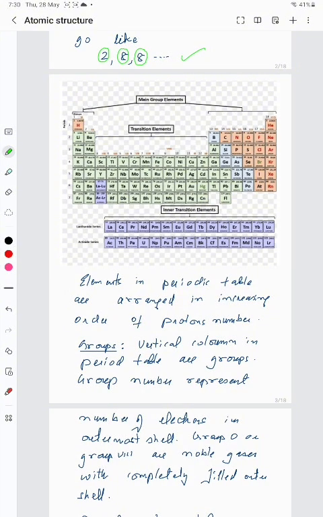Right now you're looking at the periodic table, and these pink elements are non-metals, while the rest are metals. So most of the elements in the periodic table are metals, while very few are non-metals.